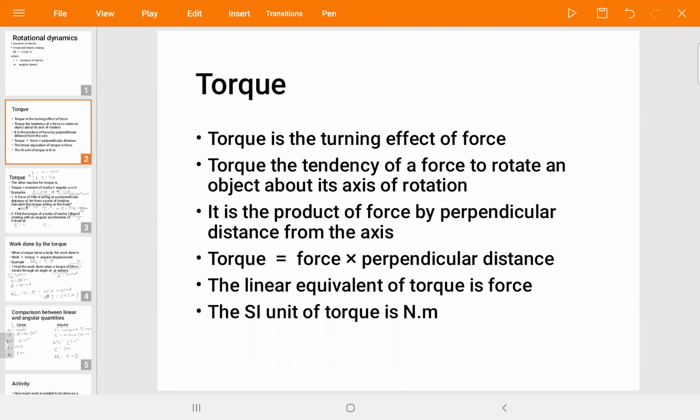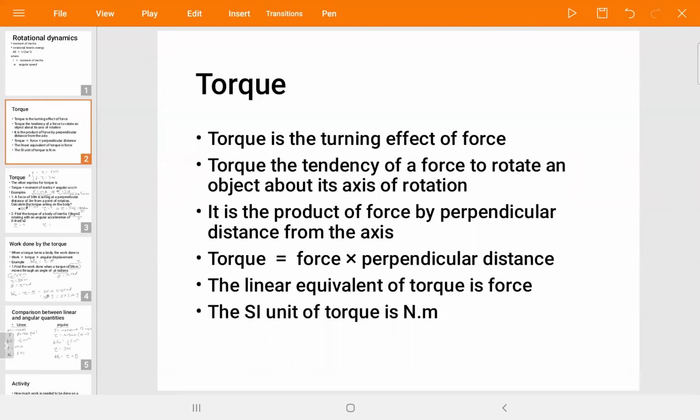A torque is the tendency of a force to rotate an object about an axis of rotation. So if an object is rotating, there should be an axis of rotation, unless it becomes translational motion. The product of force and the perpendicular distance from the axis of rotation is called torque.